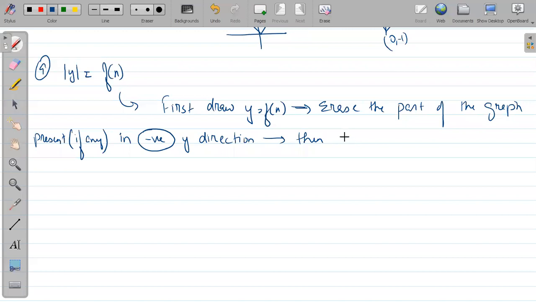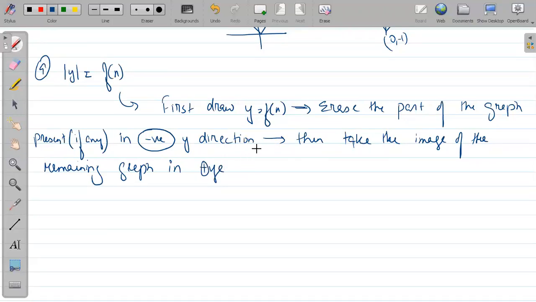Then take the image of the remaining graph in the positive y direction about the x-axis.